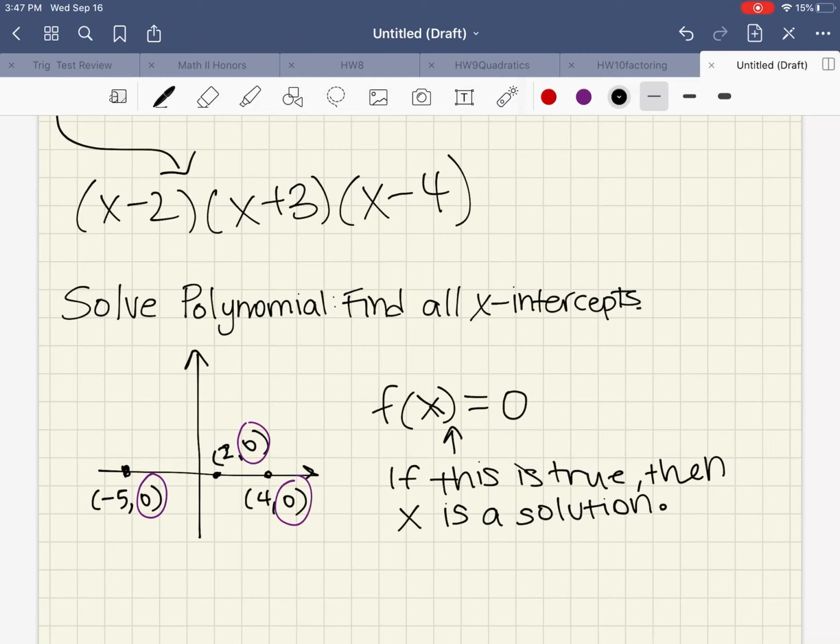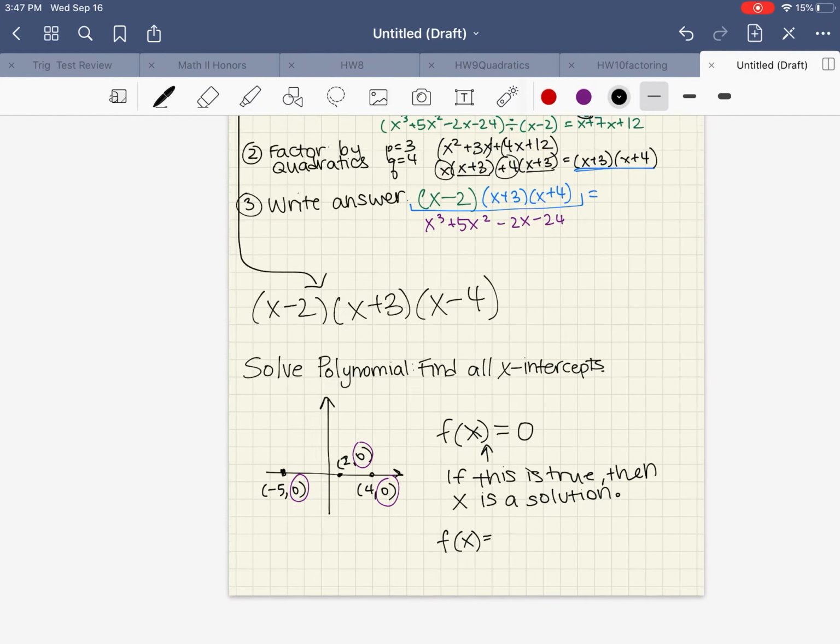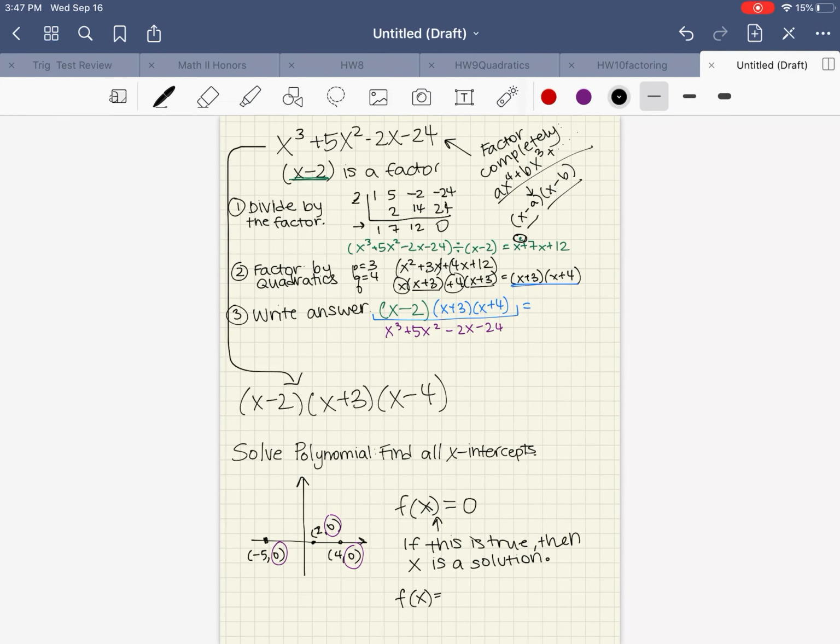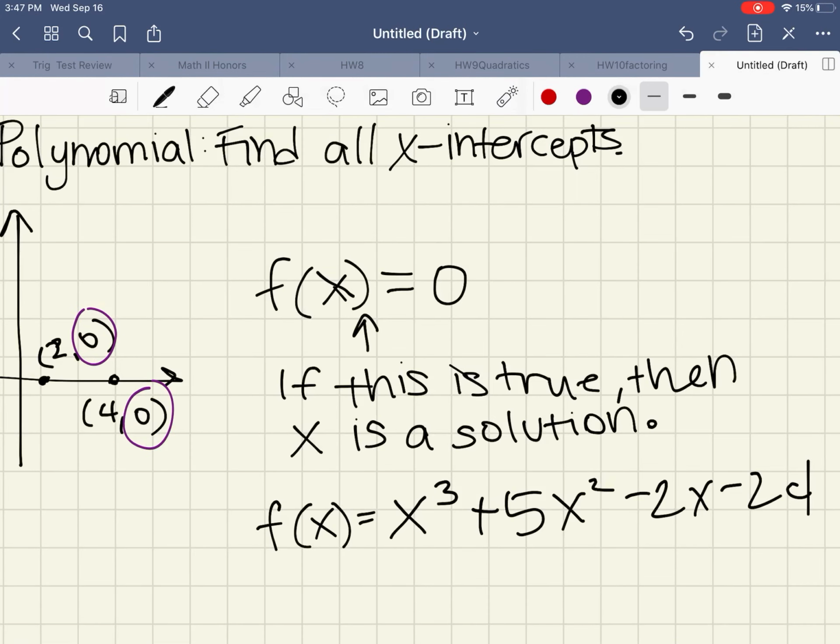So, for example, let's say I have f of x equal to whatever I had at the top: x cubed plus 5x squared minus 2x minus 24. This doesn't tell me anything when I want it to equal 0.